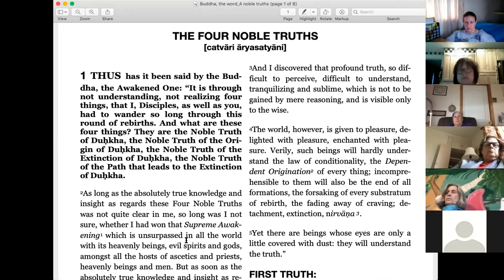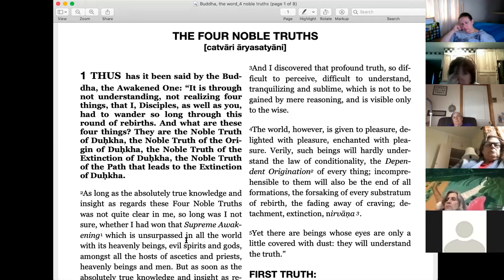Verily, such beings will hardly understand the law of conditionality, the dependent origination of everything. Incomprehensible to them will also be the end of all formations, the forsaking of every substratum of rebirth, the fading away of craving, detachment, extinction, nirvana. Yet there are beings whose eyes are only a little covered with dust. They will understand the truth.